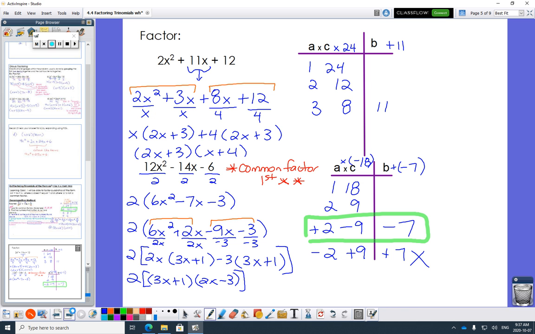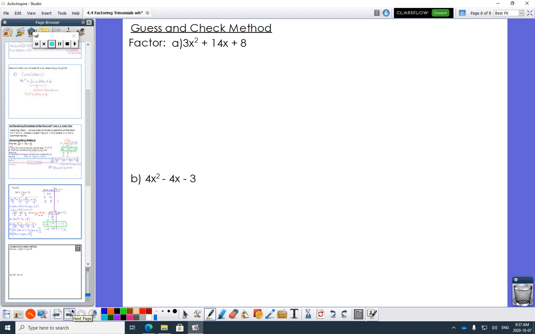So when you do guess and check, you're essentially doing a chart, but it's more like it's in your head, okay? So maybe guess and check when you get to grade 11, you'll be like, okay, I've done so many of the other questions in grade 10, I can do guess and check now. But you still have to think two numbers that multiply to A times C and add to B, so you're still thinking of the same thing.